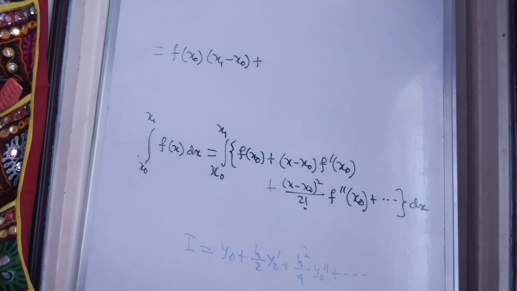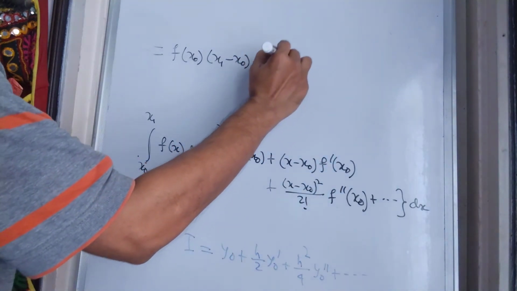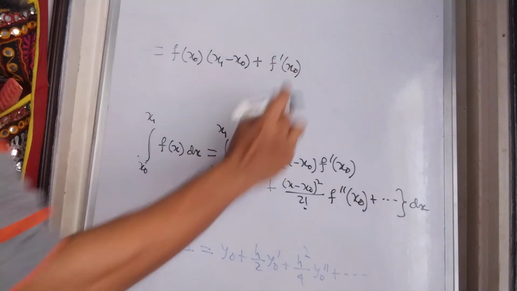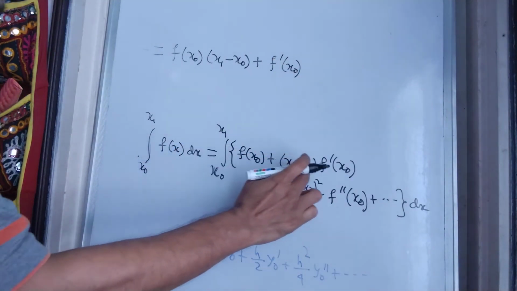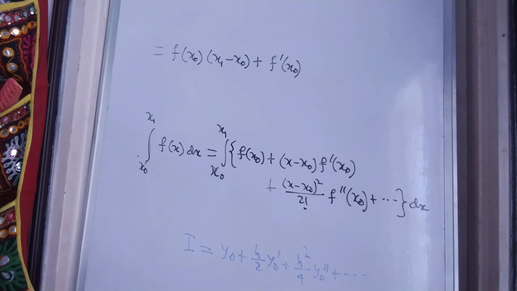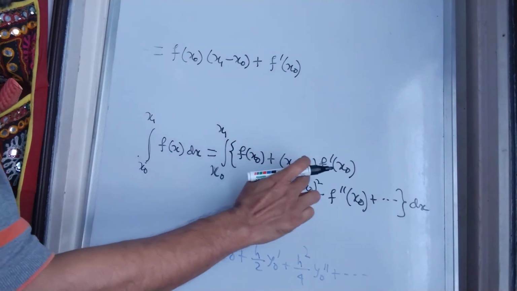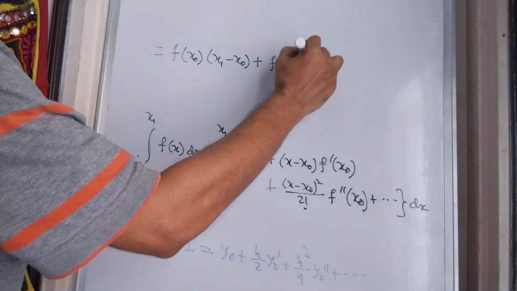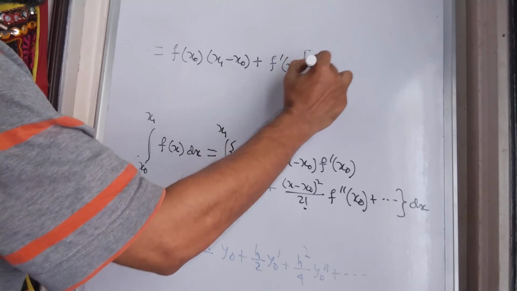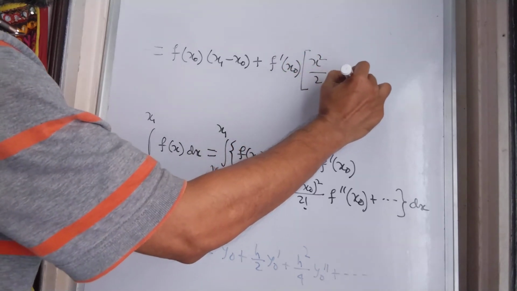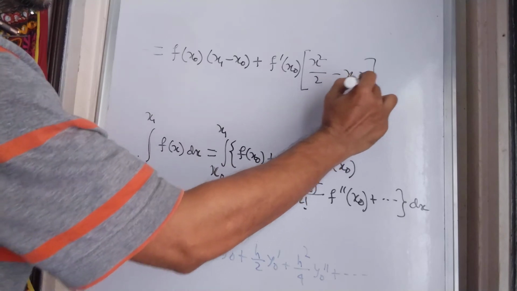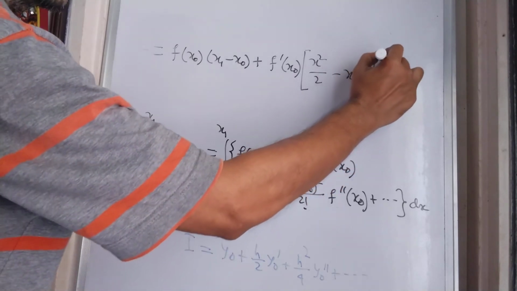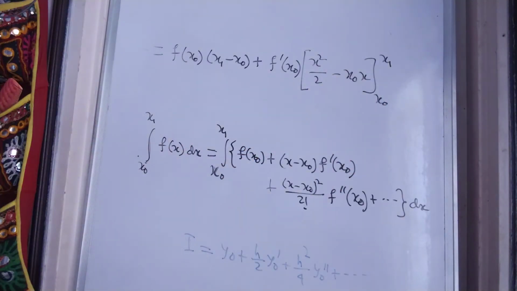What about the second term? Second term is this. So f prime x0 is actually constant, and it comes out of the integral sign. Now what is the value of the integral x0 to x1 of (x minus x0) dx? It is x square by 2 minus x0 x, and the limit of x runs from x0 to x1.